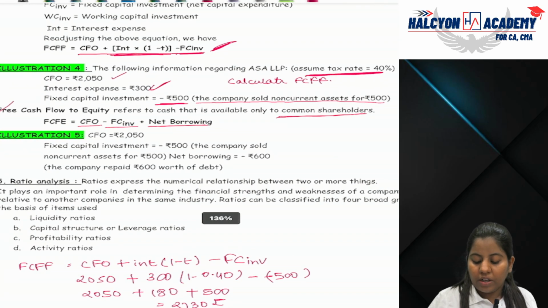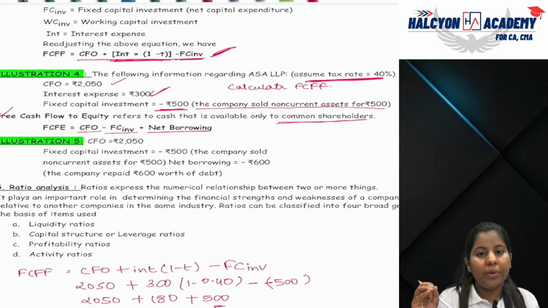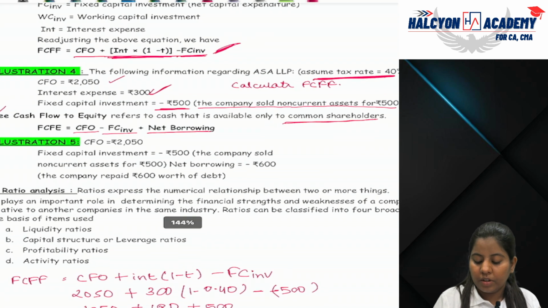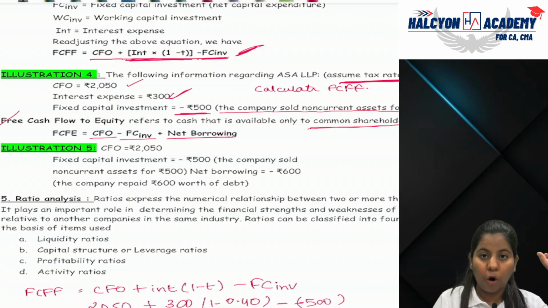So the one change in the formula is CFO minus fixed capital investment plus net borrowings. In CFO, we have already considered the net non-cash expenses and also the working capital investment. If we have borrowed something in the current year, we are going to add it here because it is now available for shareholders only.